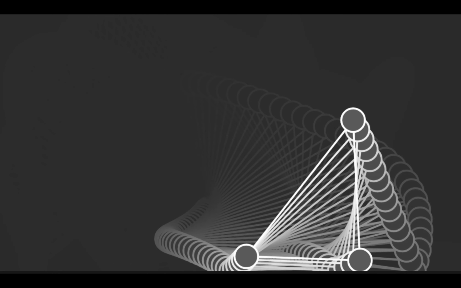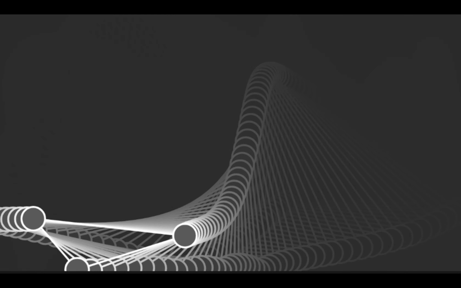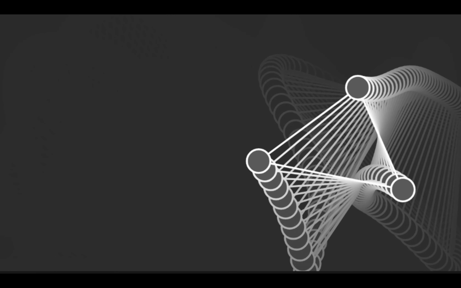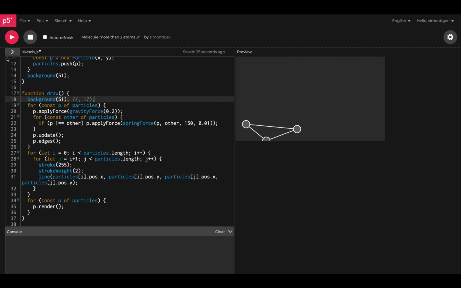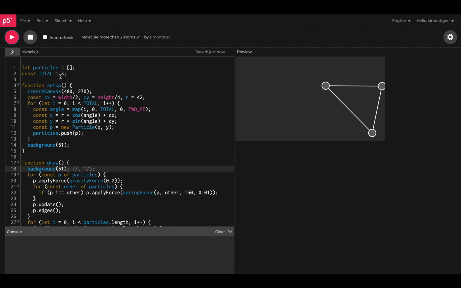So now I have more than 3 particles. And let's actually take the alpha out. So let's just comment that out. So now you can see I have more than two particles that are connected with a spring.